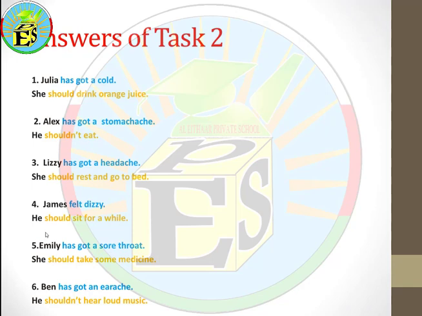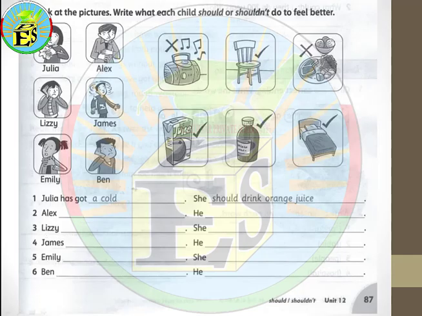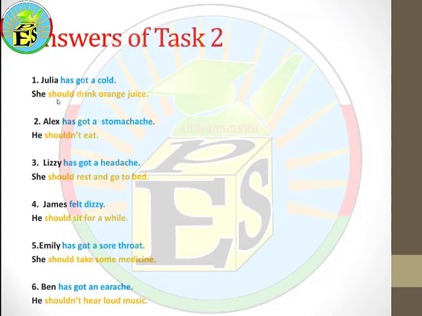Number 3. Lizzie has got a headache. This is Lizzie. Look at her hands. She's putting her hands on her head. So Lizzie has got a headache. Then she should rest and go to bed.